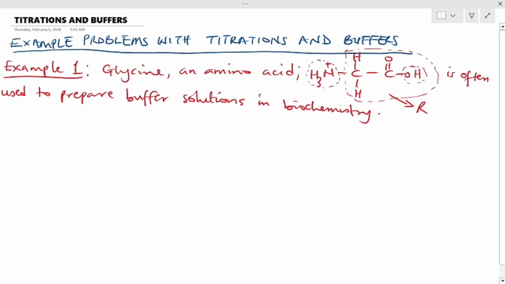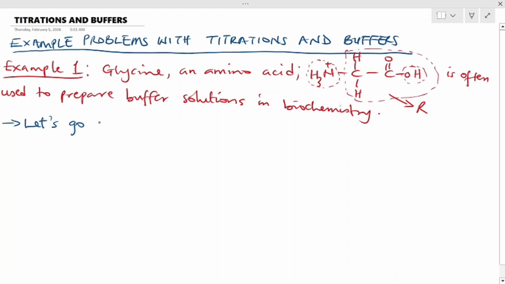So in this case of glycine, let's concern ourselves with the reaction that is going to take place.